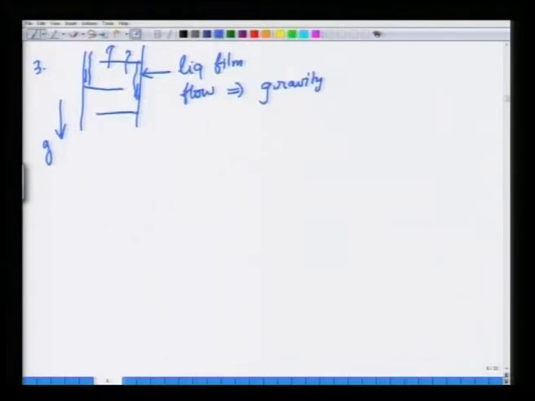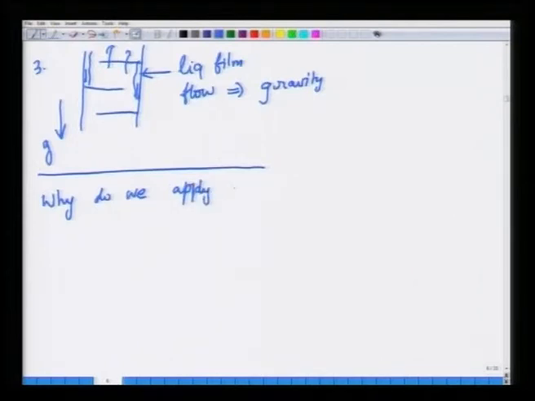Of course, there are many other ways in which flows can be driven, but you may ask, why do we have to apply a force? Why is an applied force necessary to drive a flow? That is because a fluid resists deformation.